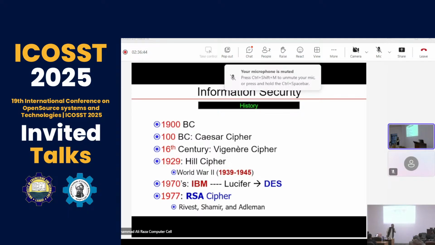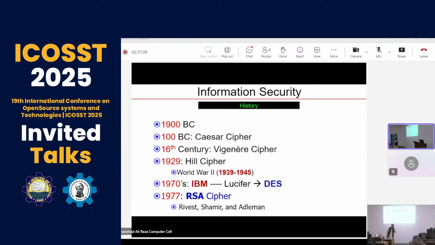Look at the history of the ciphers. These are the algorithms which have been there in the history of the civilization of mankind. The first reported usage of a cipher was around 1900 before Christ.